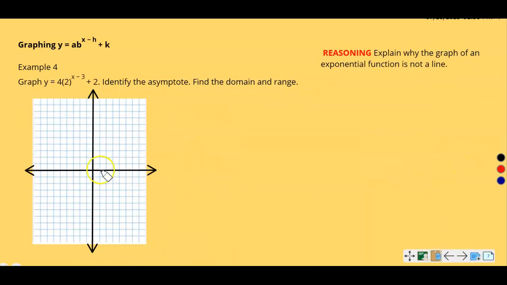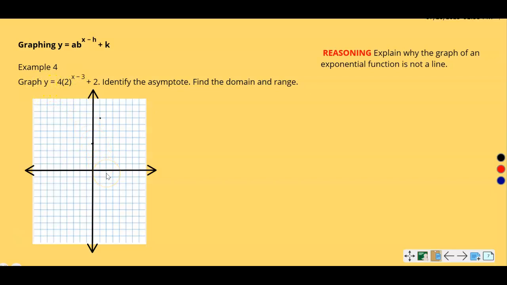So if we take 0, 4, I'm going to put a point right here, and a point right here. And I know that that is from my parent function, y equals 4 times 2 to the x power.